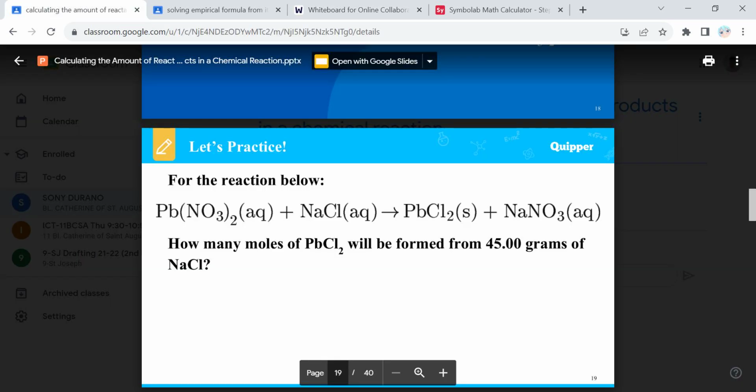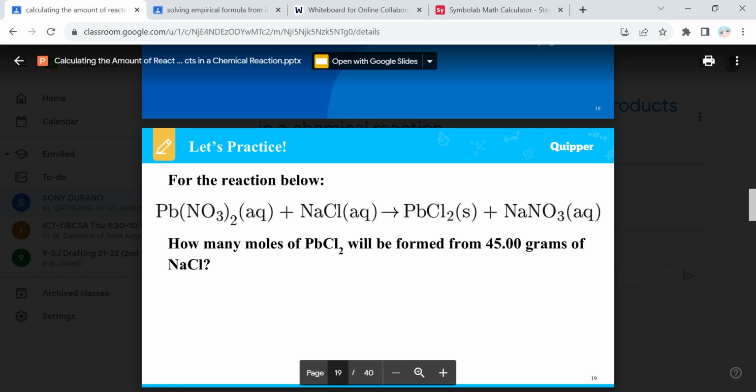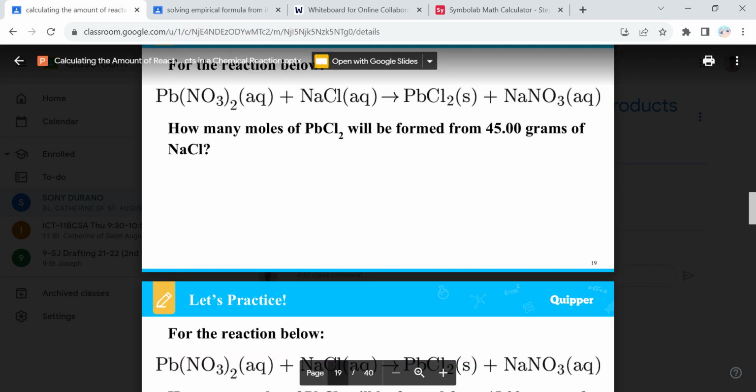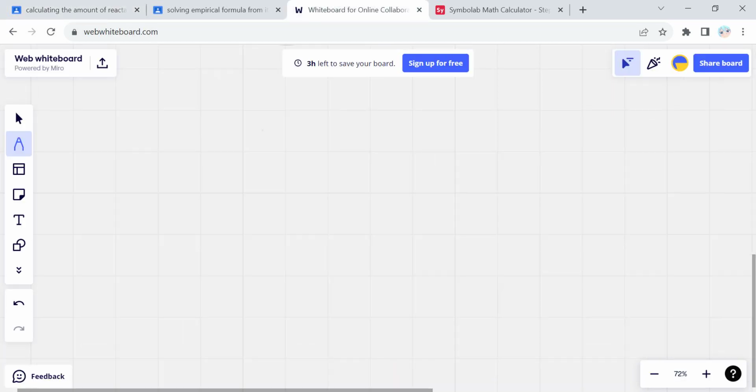So, how many moles of PbCl2 will be formed from grams? So we're gonna convert this. First, we'll have to balance this again.